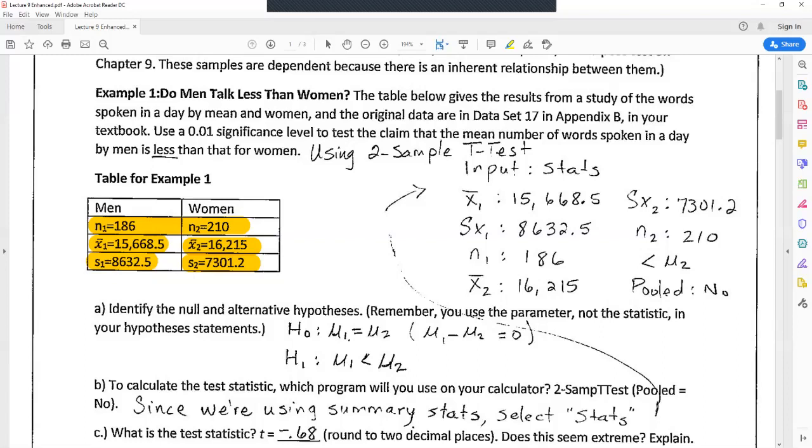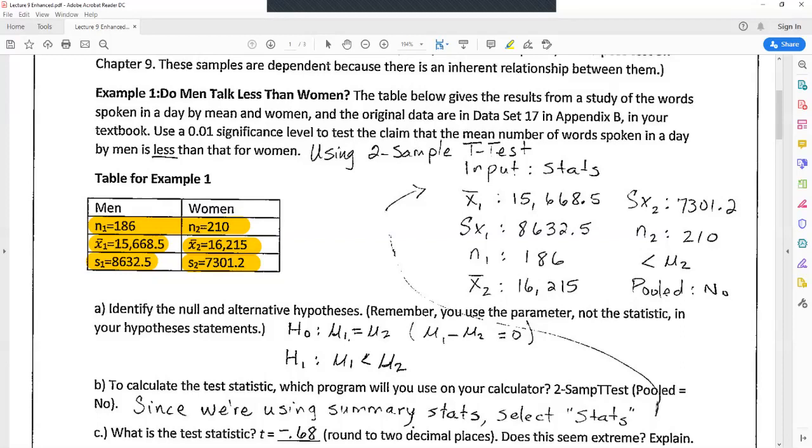This might lead you to conclude that women do speak a lot more than men, but do we really know that? Maybe the sample wasn't quite as good as it needed to be. Maybe if we used another set of men and women and compared averages, we wouldn't get the same thing. Maybe we would find out that in that situation, the men talked more than the women.